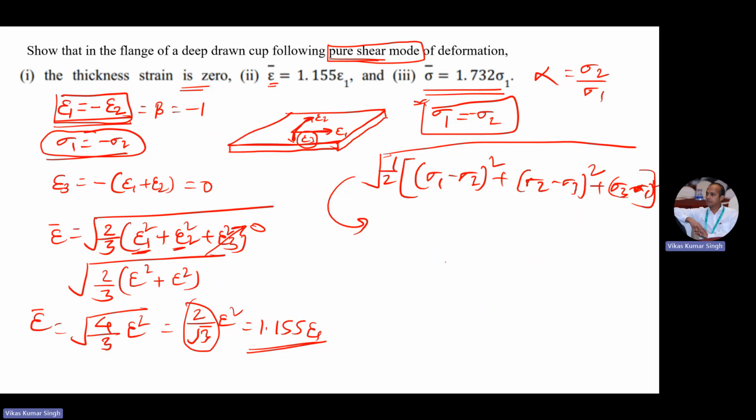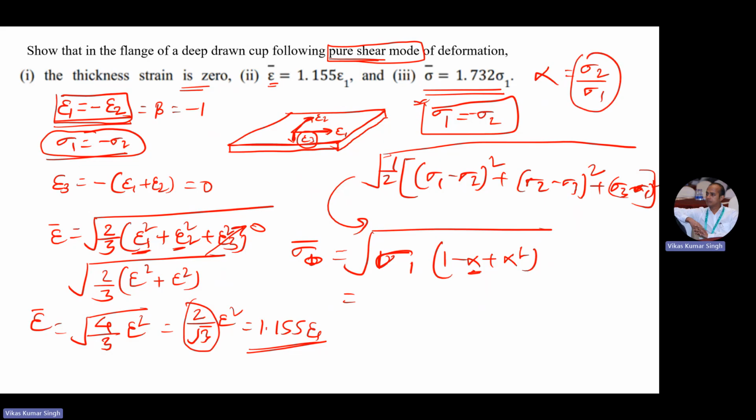Putting in all the conditions, this becomes sigma 1 into the root of (1 minus alpha plus alpha square). This is the formula for effective stress, and you just put the value of alpha. Alpha, you know, as these are equal and opposite, gives minus 1.